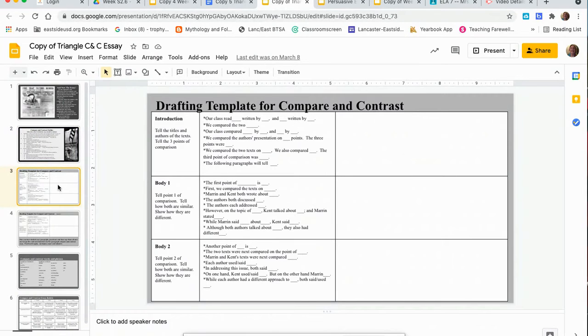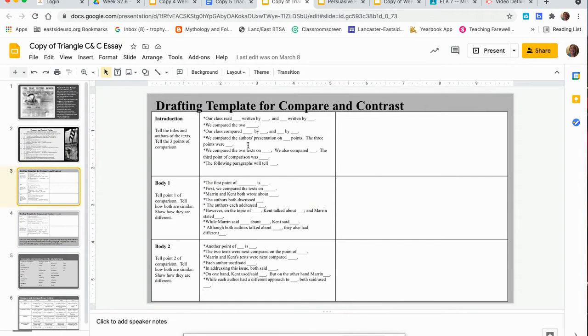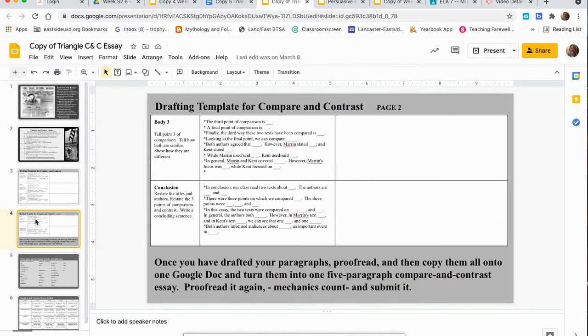They also had a draft template which included instruction as to what content they needed to have in each of the paragraphs. And it also provided sentence stems that were put in there more or less in order of how the information should appear, but they had a selection of stems that they could use to put their information together.